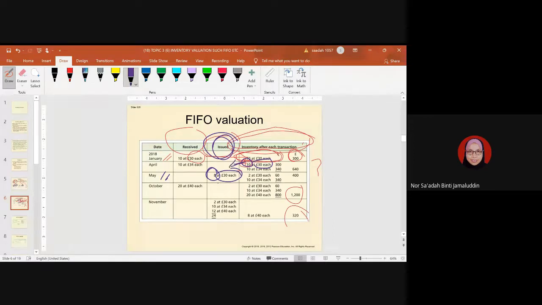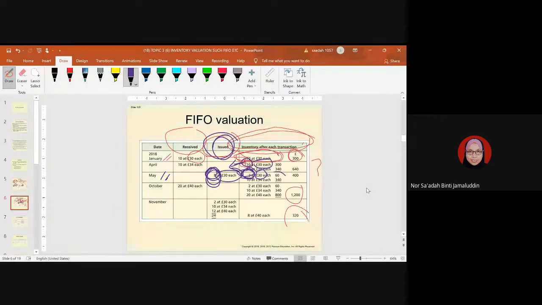Baki 10. Keluar 8. And then you must put here in a balancing part. You must put the rest unit of your inventory. You have 10 in January. You sold the items in January because first in, first out. You sold just 8 units and the balance will be 2 units. 2 units at 30 ringgit.